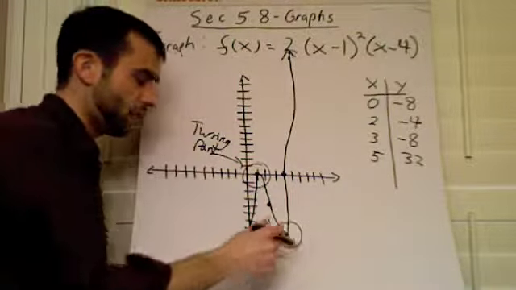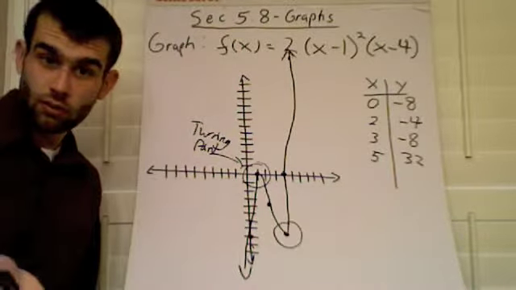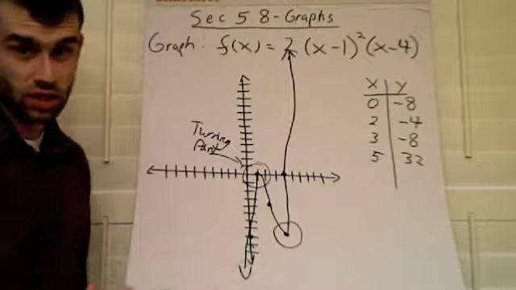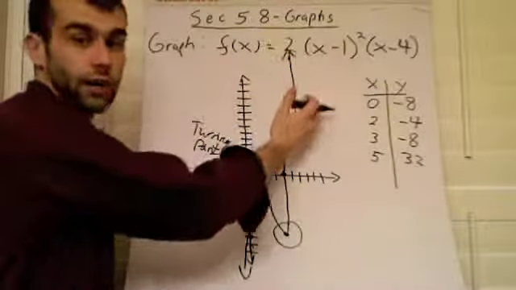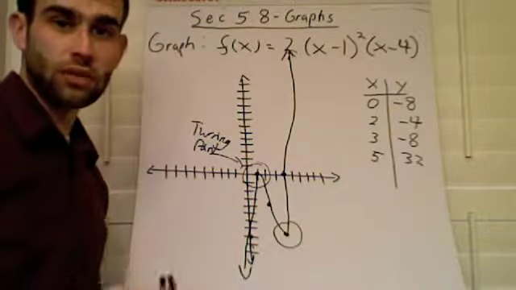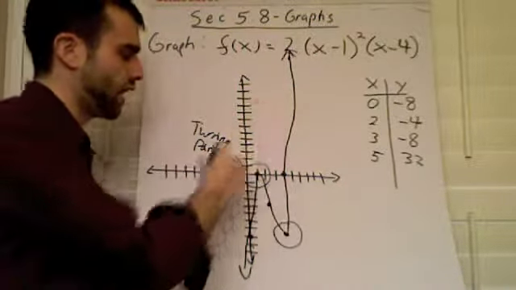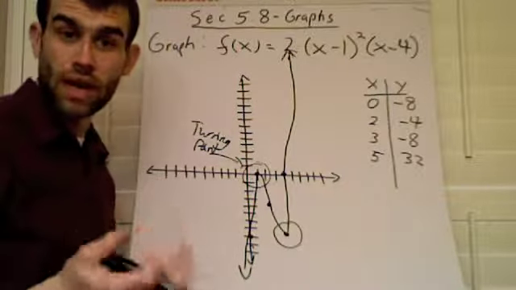Okay? Now, the minimum value is negative infinity, the boundary. So this function will continue to go down. The highest value is positive infinity. That's the end behavior. But we have what's called local minimums and local maximums. Okay? So think about this in terms of the graph: where are the local minimums and local maximums?